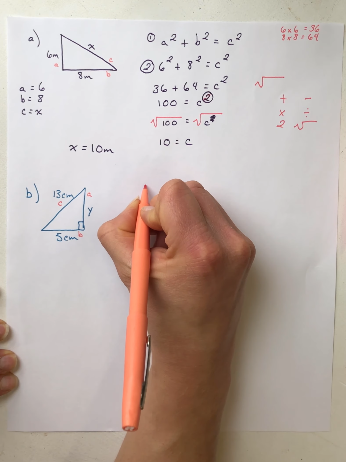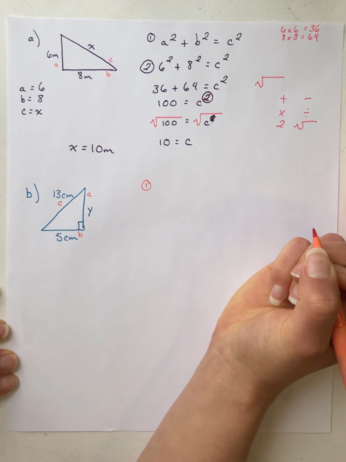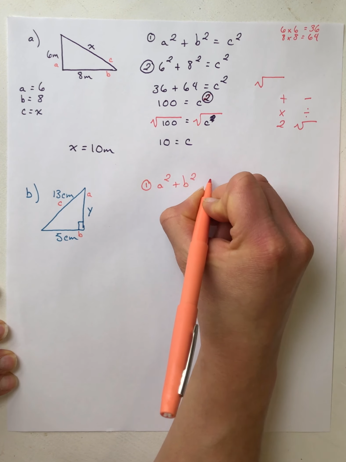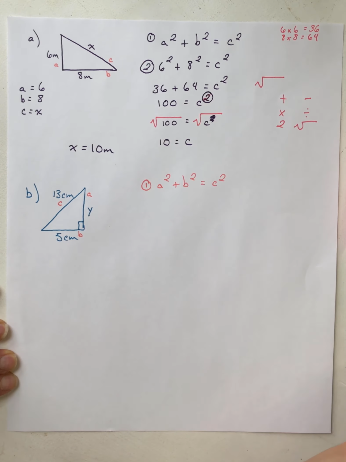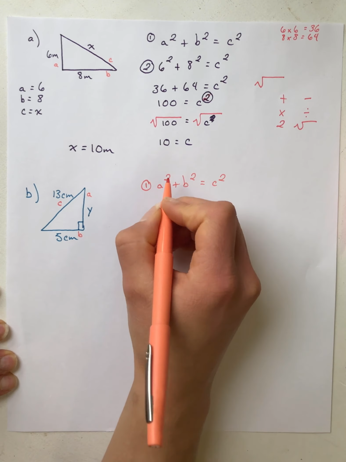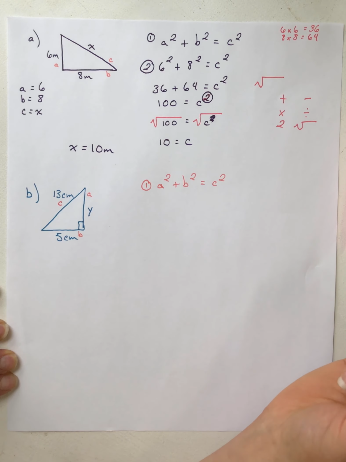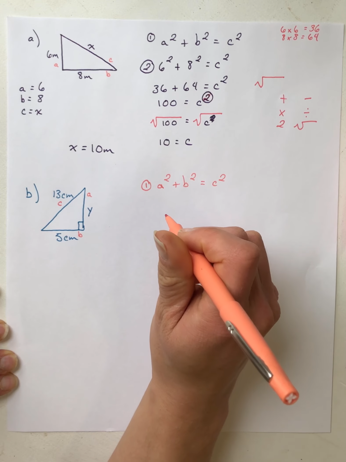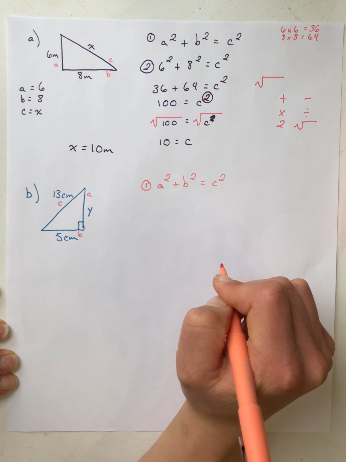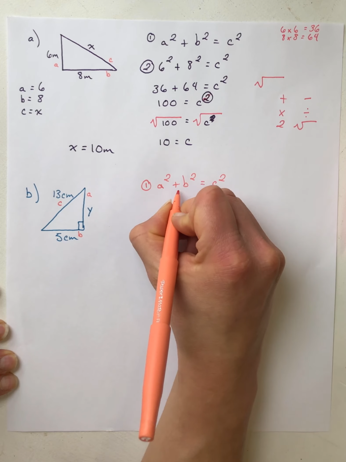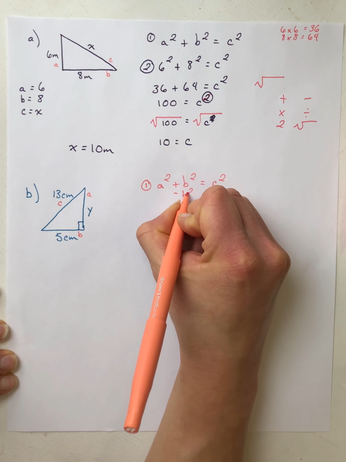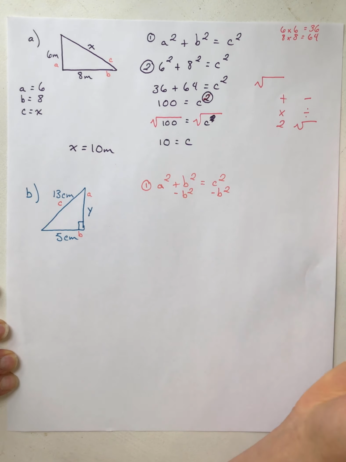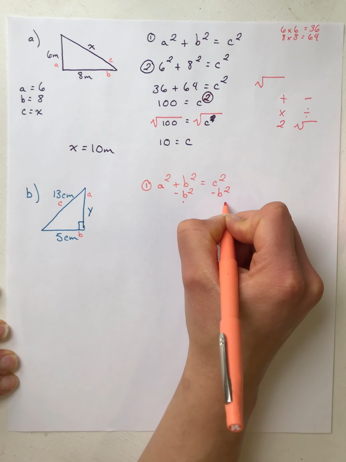Okay, so I'm going to write my equation. So my step one is to write the equation. So I have a squared plus b squared equals c squared. But now I'm trying to find a. Okay, so what I'm going to have to do to get a on one side by itself, I am going to do minus b squared on this side and minus b squared on this side, because whatever I do to the one side, I have to do to the other, right?